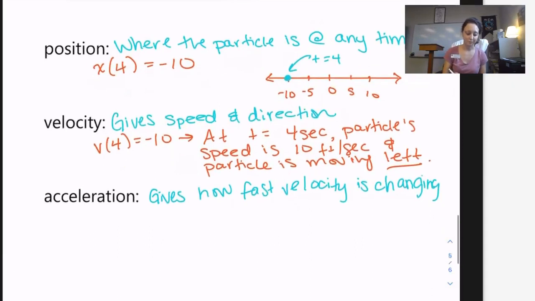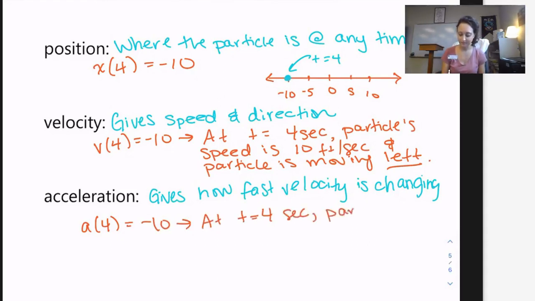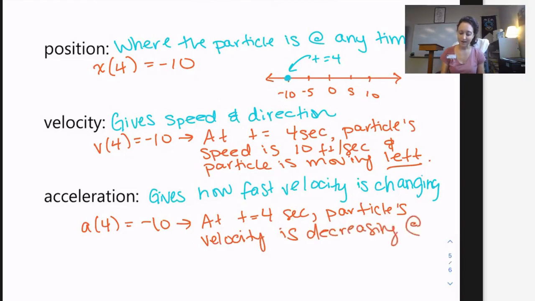So if a of 4 is negative 10, this means at t equals 4 seconds, the particle's velocity is decreasing, right, because of the negative 10, at a rate of 10 feet per second every second.